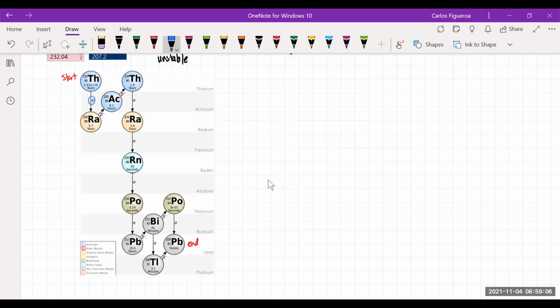Here's alpha, alpha, alpha, alpha, alpha. And you could see that we're going through many, many alpha decays. And then we have combinations of, in this case, beta decay. So if I follow this decay, what am I seeing here?